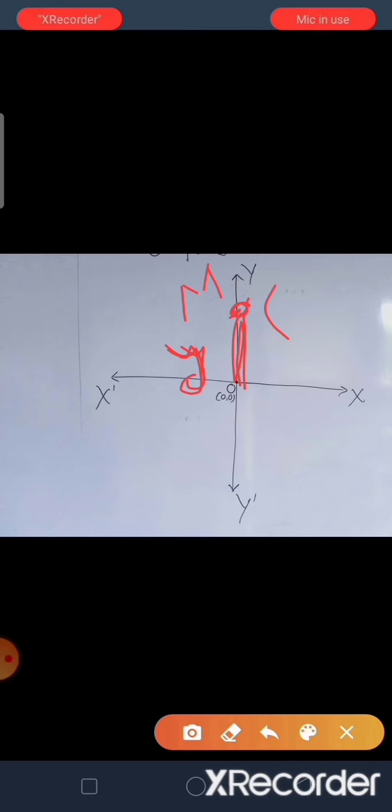So when a point is on the y-axis, its abscissa is 0, and we write the ordered pair of M as (0, y).